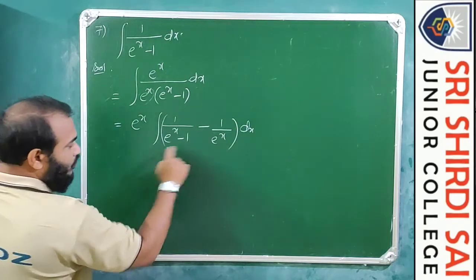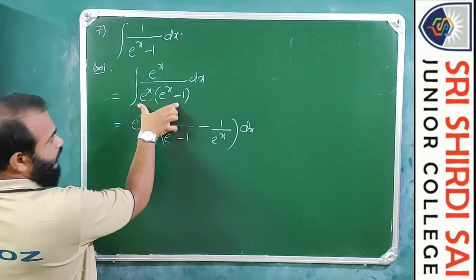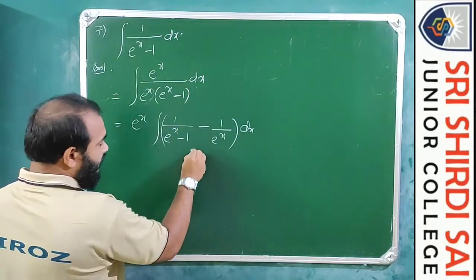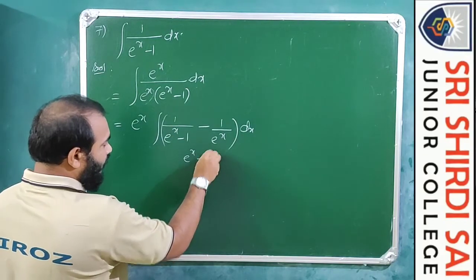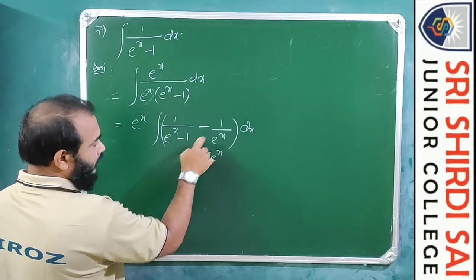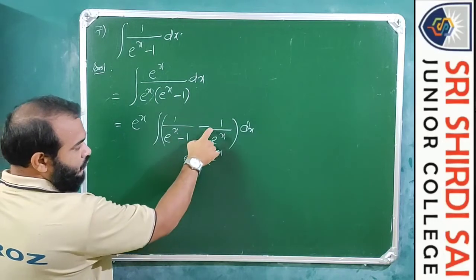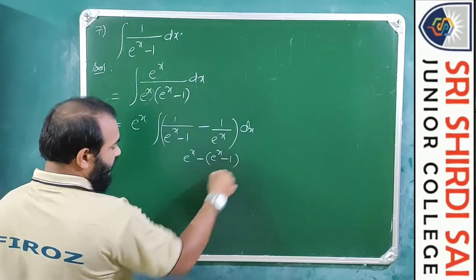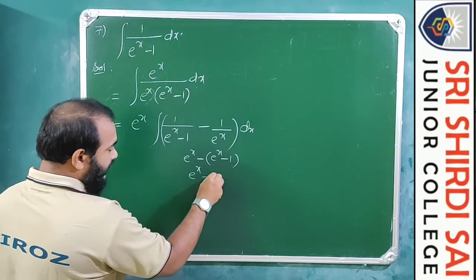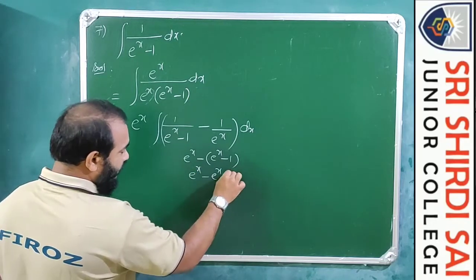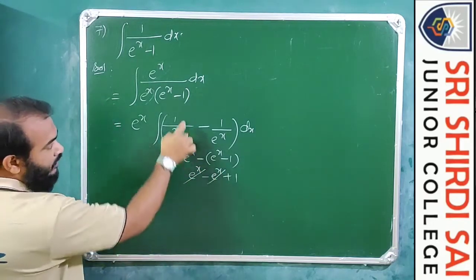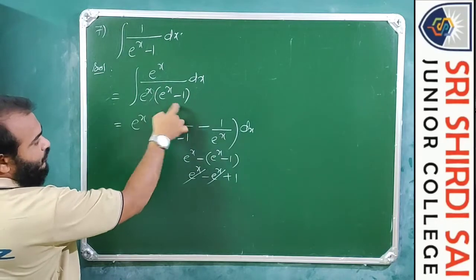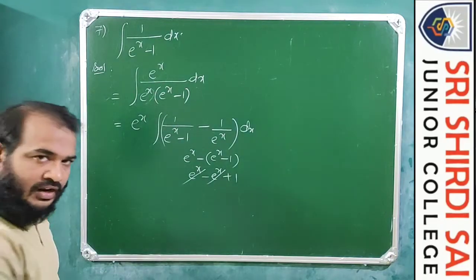The LCM is going to be e power x into (e power x minus 1). So the numerator is e power x minus 1, that is e power x minus e power x, minus into minus plus 1. So 1 by e power x into (e power x minus 1) is what we are left with.